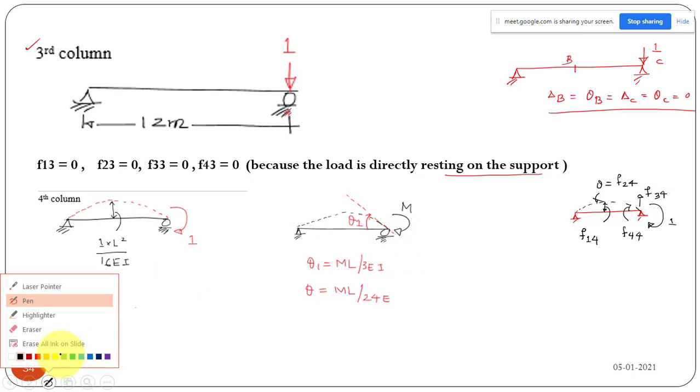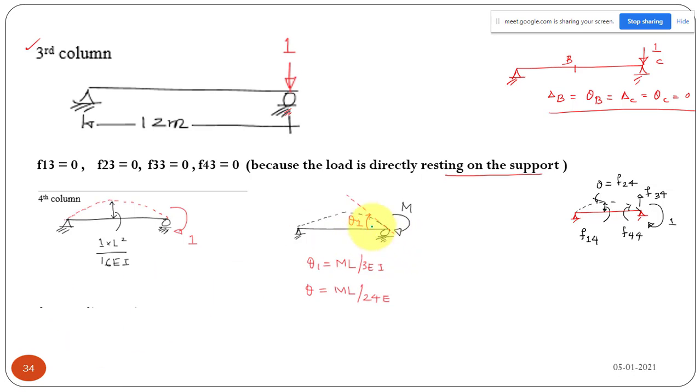We can get theta 1 if you apply a clockwise moment like this. Your beam's deflected shape will be something like this. Here we'll have a maximum theta, here we'll have some lesser theta, and this theta is equal to ml by 3EI. You can easily solve it using the conjugate beam method.